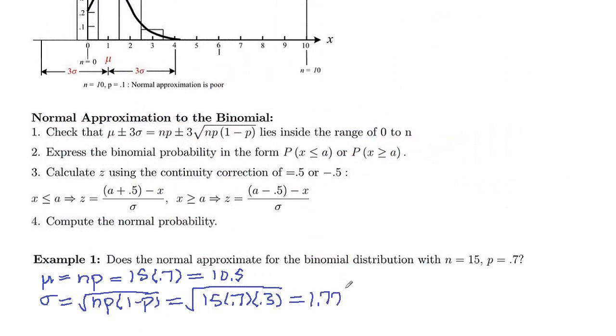And then we want to look at mean plus or minus 3 standard deviations, mu plus or minus 3 sigma. That is going to be 10.5 plus or minus 3 times 1.77.